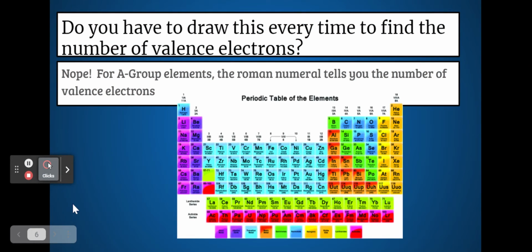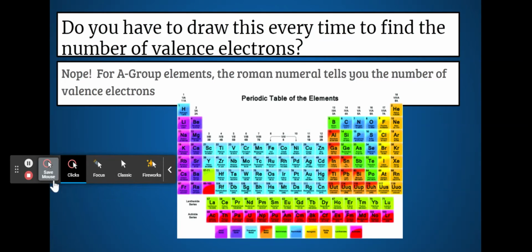So one important question you might ask is, do you have to draw that Bohr's energy model diagram every single time you want to figure out how many valence electrons an atom has? The answer is no, you do not. All you have to do is look at the Roman numeral that appears by the A group elements on your periodic table.